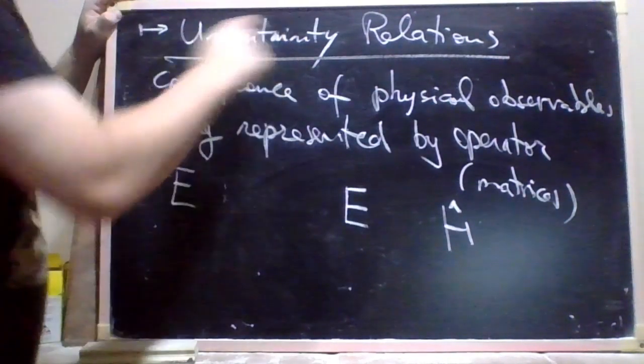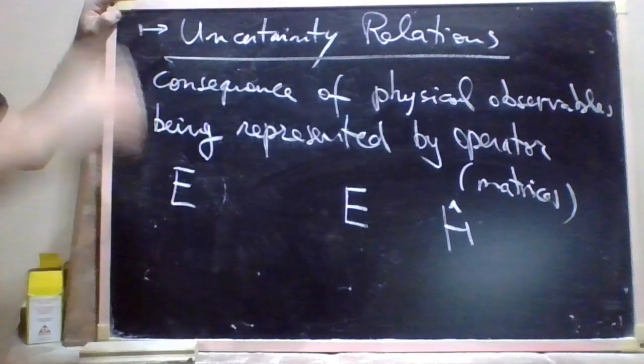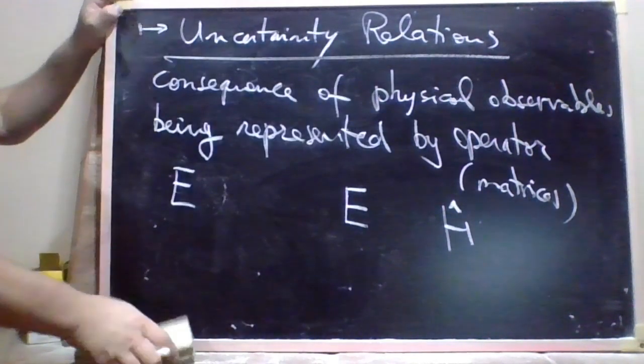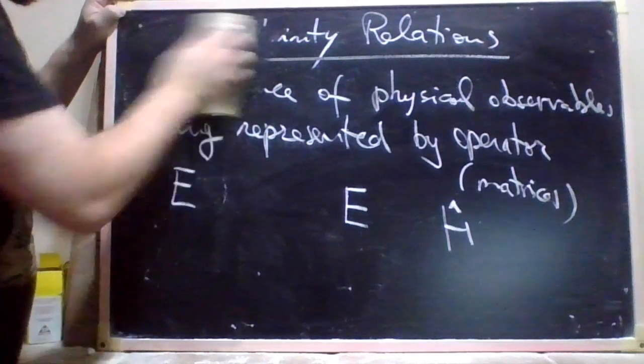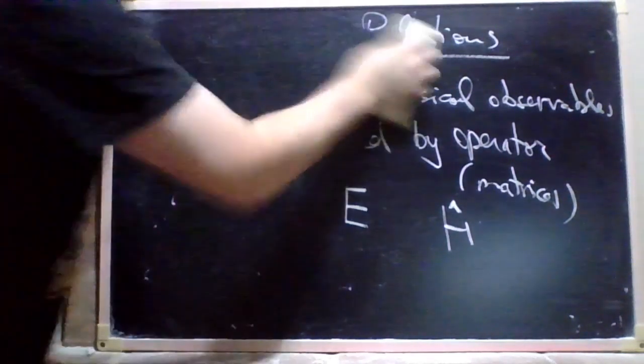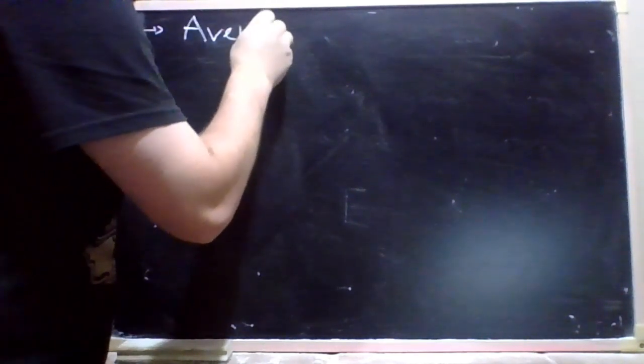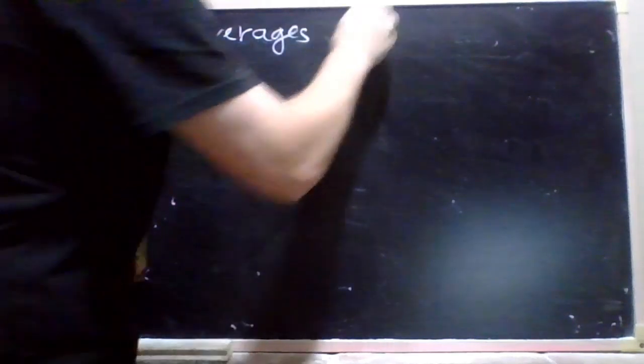So the uncertainty relations are a consequence of matrices being used to represent observables. But let's calculate or demonstrate the uncertainty relations. So you need first to consider averages. You need to consider averages of operators.